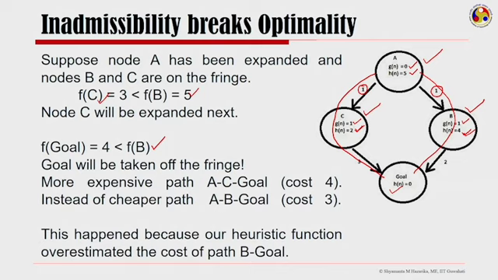A more expensive path of cost 4 was given to us instead of the cheaper path, A, B, goal, at a total cost of 1 plus 2, which is 3. This happened only because our heuristic function overestimated the cost of the path from B to goal. Any heuristic function that overestimates is a pessimistic heuristic function, and we call it an inadmissible heuristic. An inadmissible heuristic therefore breaks optimality and does not lead to a path which is the minimum.